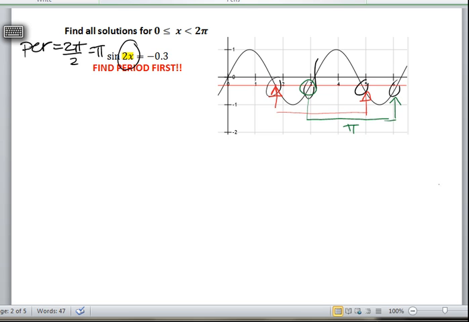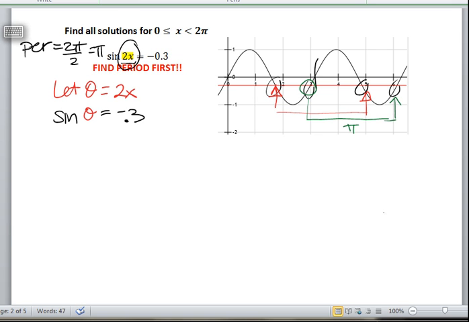Okay, so here we go. Instead of trying to solve this equation with a 2x here, let's make it like a problem that we looked at previously. So we're going to do a substitution, and we're going to let theta equal 2x. So then essentially we're solving the equation sine of theta is equal to negative 0.3.